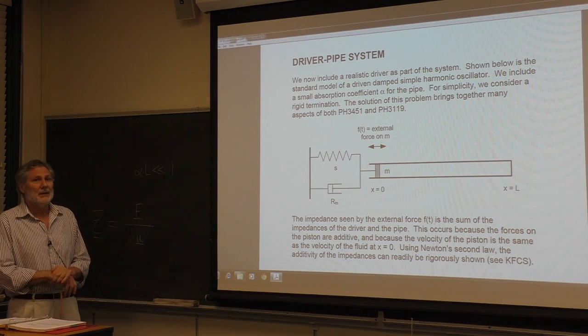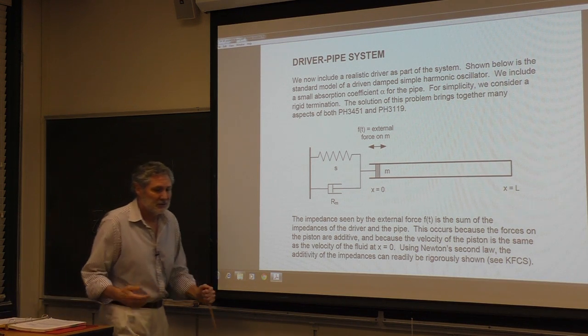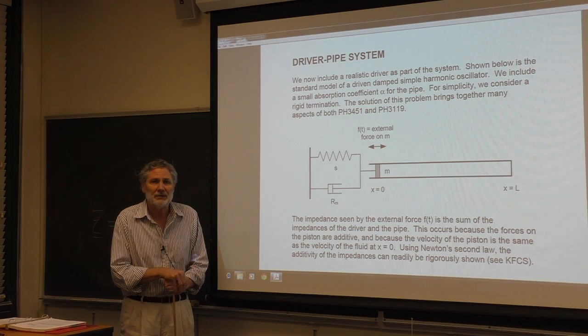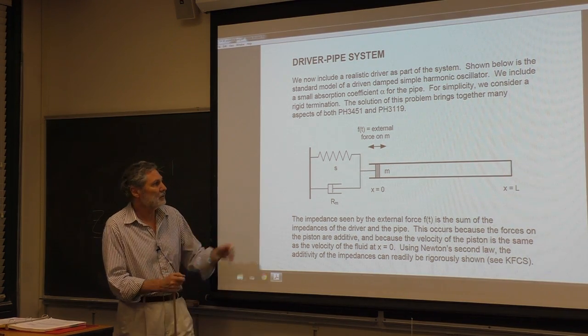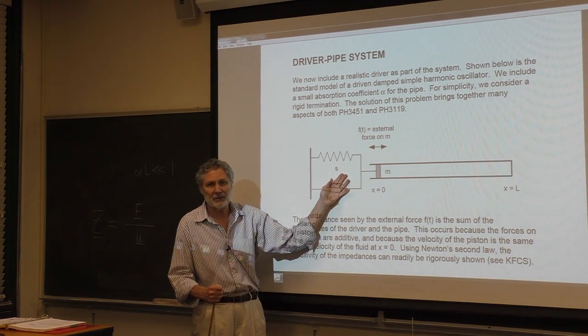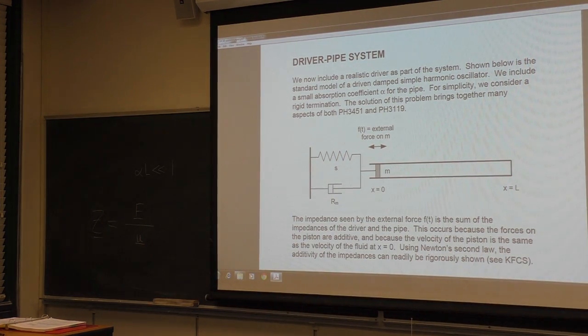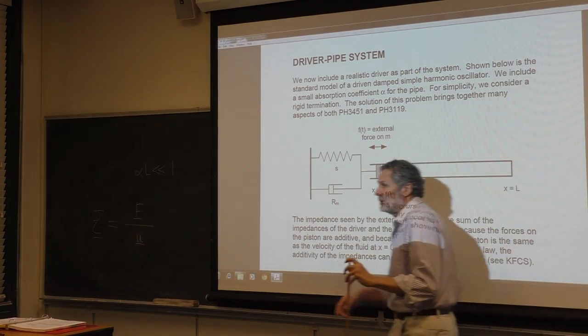It's just intended to jog your memory, to remember that the total impedance seen by this drive is the sum of these individual impedances. You can prove it, and it's in the book, in this section here.